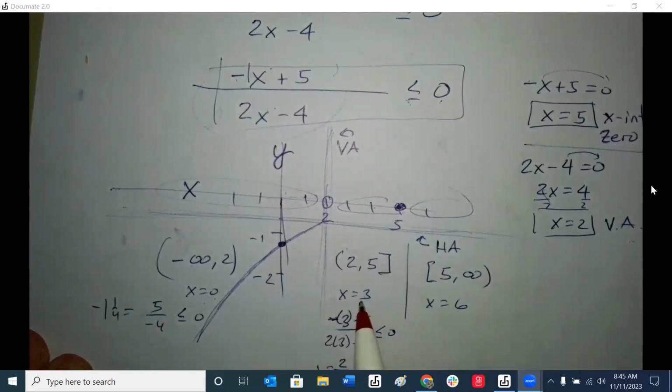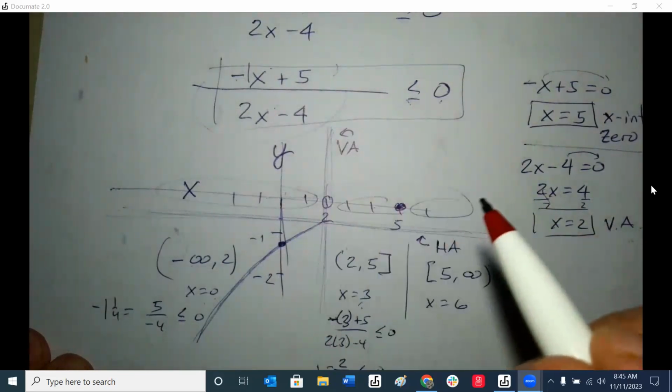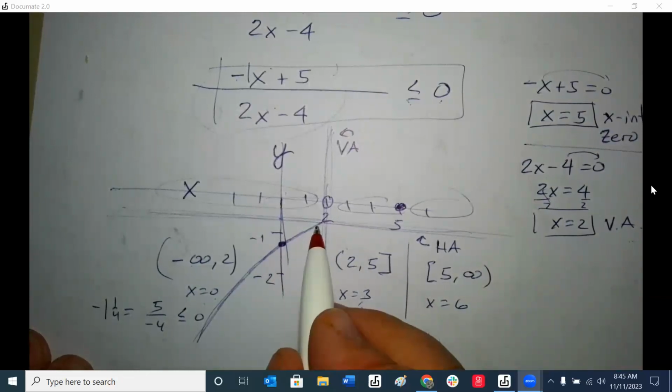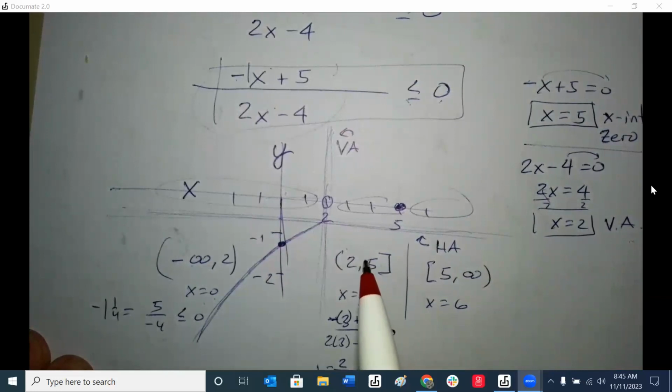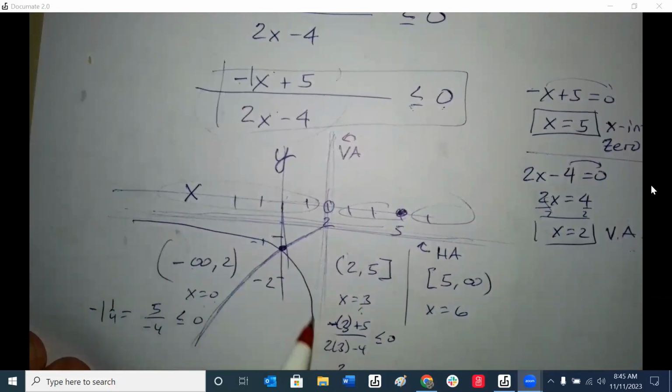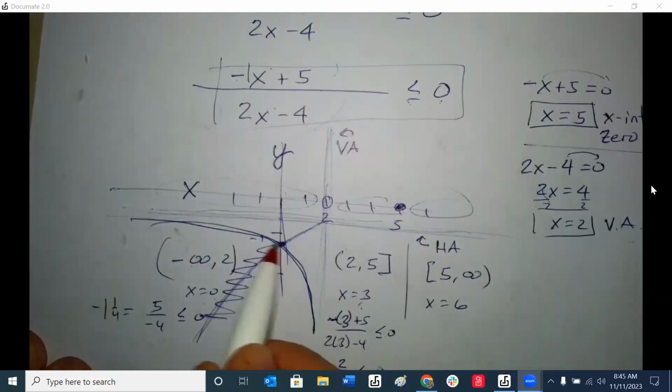When x is 3, it equals 1. That means this graph is not right. Because this is my horizontal, this is my vertical. That means my graph looks like this. Not like that.